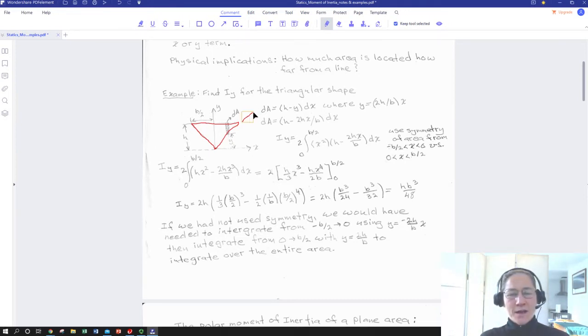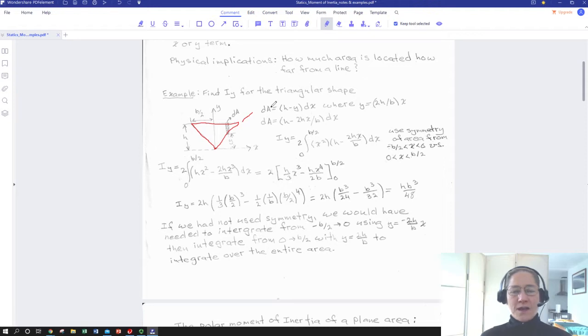So if I can write a line equation for this line that defines the bottom end of that triangle, I can substitute that for y, and then I can write a height of my area strip in terms of a function that relates to the dimensions of the triangle. So that's what I've got right here.